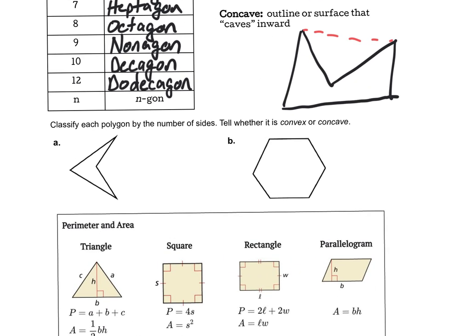All right, on parts A and B here, we're going to identify it by its number of sides, and then finally, whether it's convex or concave. First up, we're going to name it by its number of sides. We got 1, 2, 3, 4 sides. So four sides is called a quadrilateral.